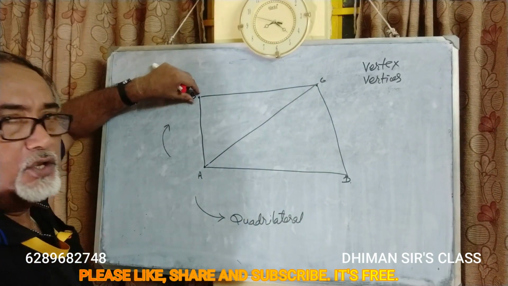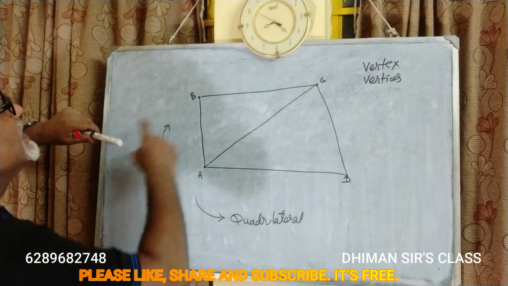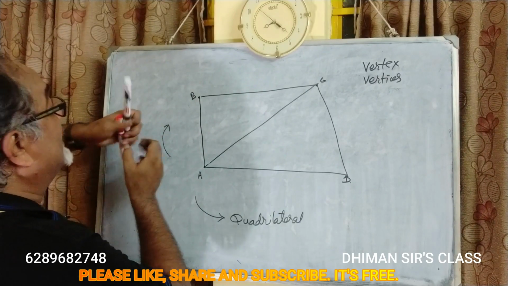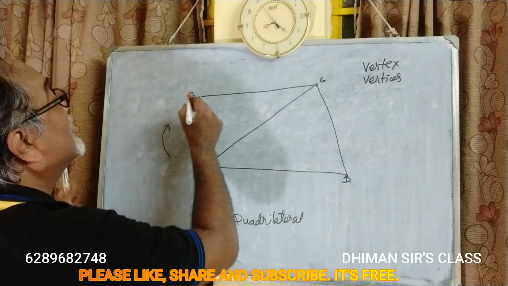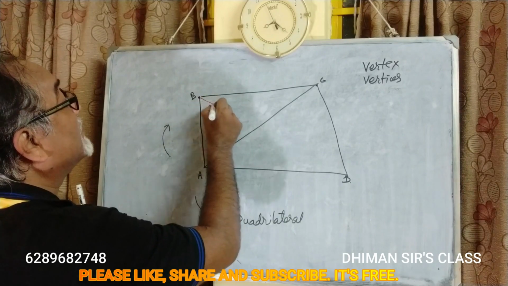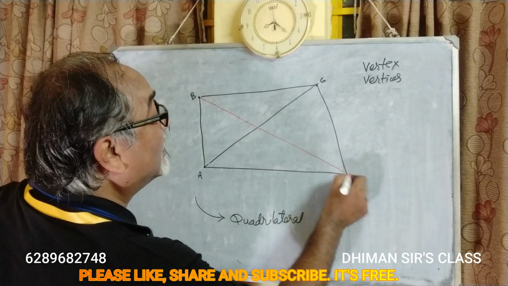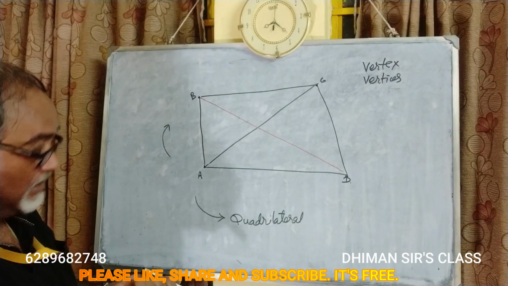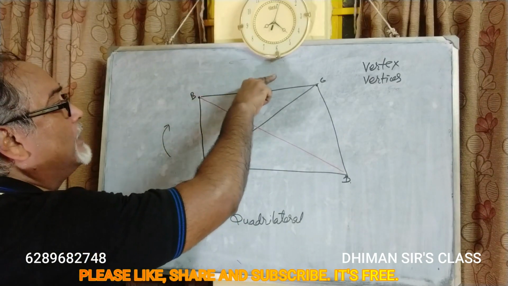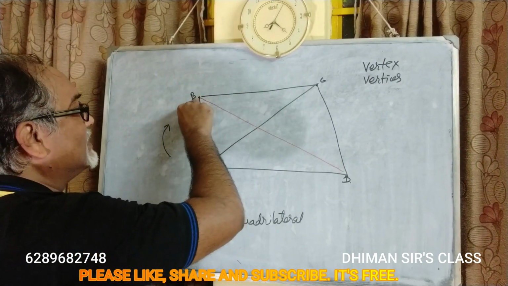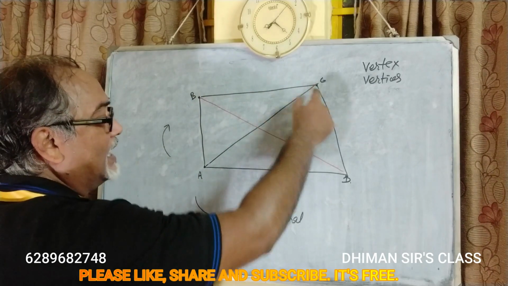For point B also you can see, if we start drawing the diagonal from here, we will draw the diagonal from here to here. Why? Because we are moving from this side, suppose. Then we will start from B but skip C and come to D.